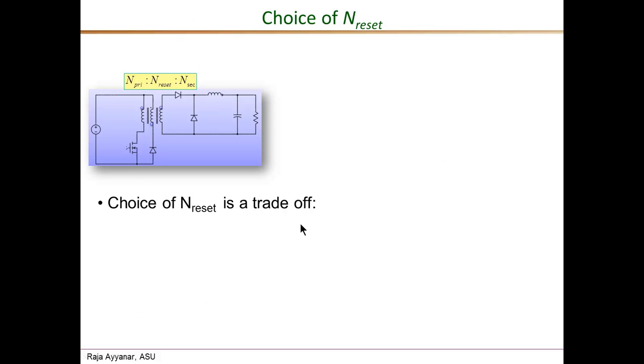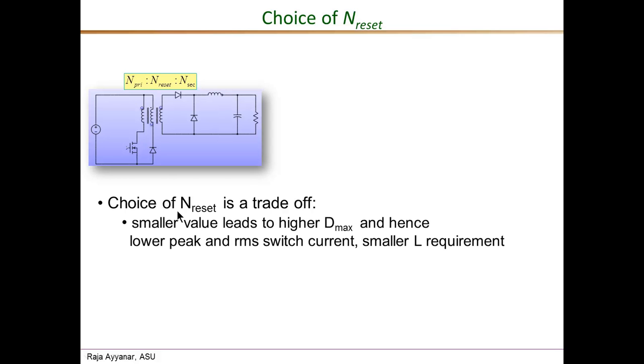Okay, then the question is, how do you select the N reset or the ratio N primary to N reset? So the choice of N reset is really a trade-off. Lower values of N reset result, from the equation that we just derived, in higher Dmax. If N reset is lower, Dmax is higher. And high Dmax would mean, if you recall, your VO is N times D times Vin, right?